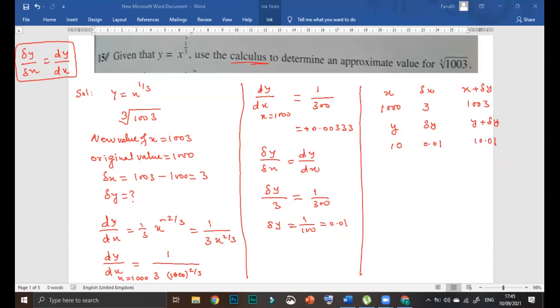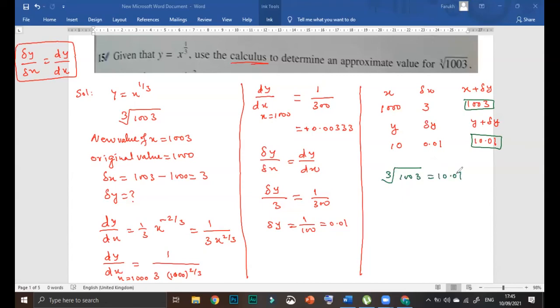So when the value of x is 1003, the value of y is 10.01. With the help of small changes, we came to know that the cube root of 1003 is approximately 10.01.